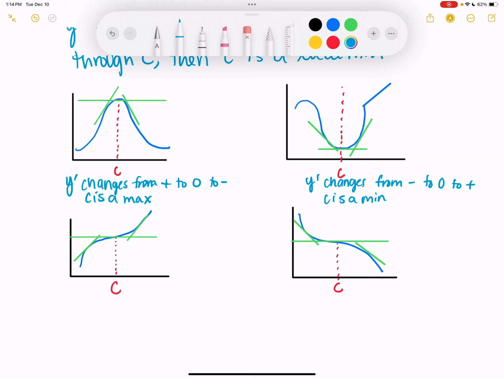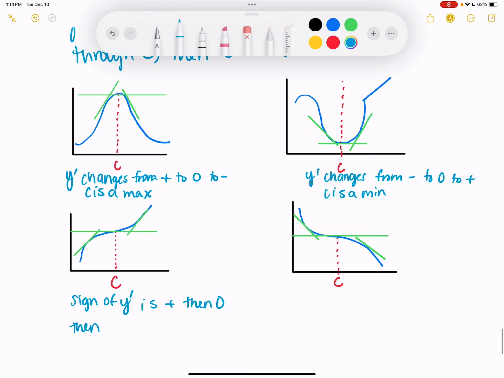This one here, the sign of y prime is positive, then 0, then positive. So, no max or min. Over here, the sign of y prime is negative, then 0, then negative. So there's no max or min.